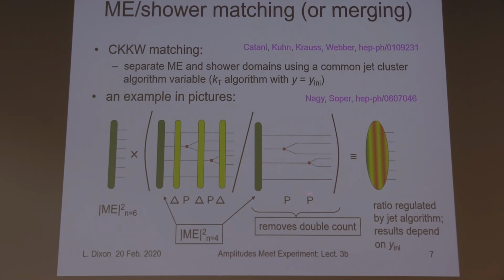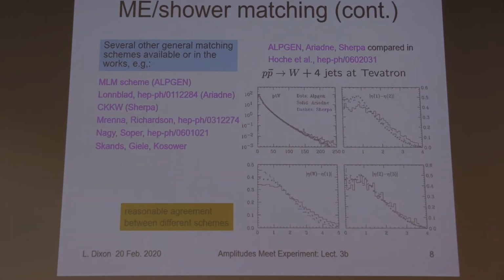So this is a very schematic picture of how you can try to implement these matching algorithms and generate events that correspond to the matrix element in wide angle limits, but also generate realistic looking jets.